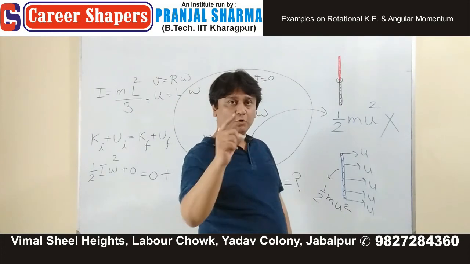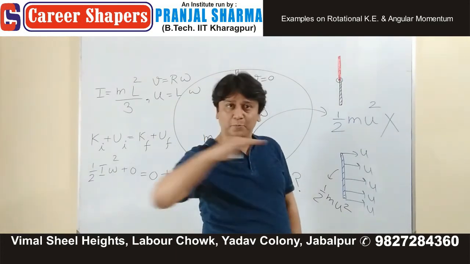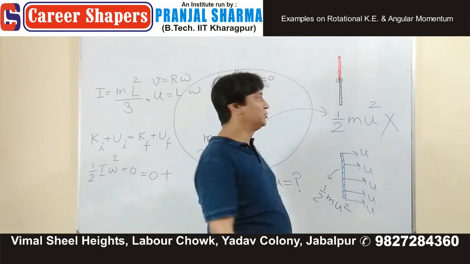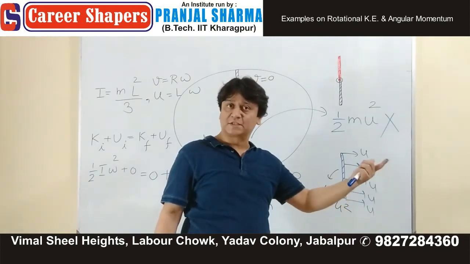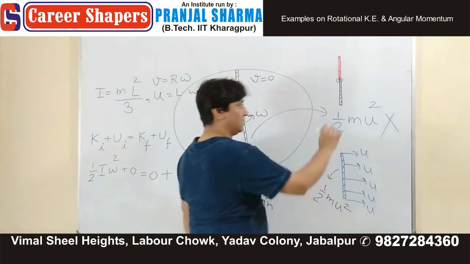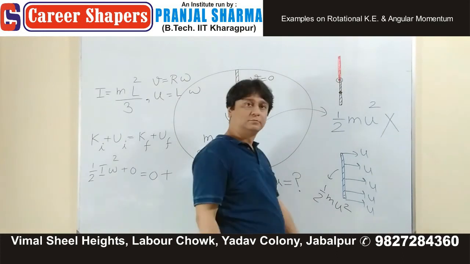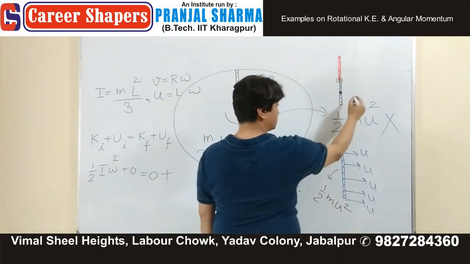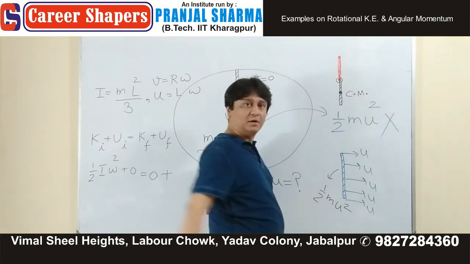So when I say U initial is 0, where is that position where I have taken potential energy 0? And whose potential energy am I interested in? Center of mass. This is the center of mass initial.